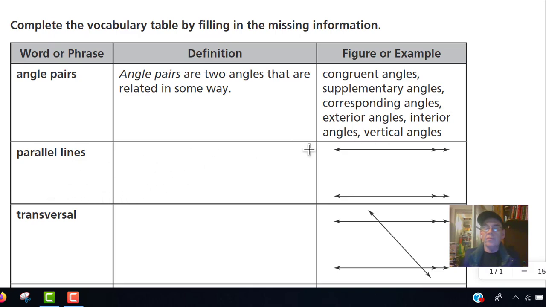Parallel lines are two lines that never intersect. They always are the same distance apart.